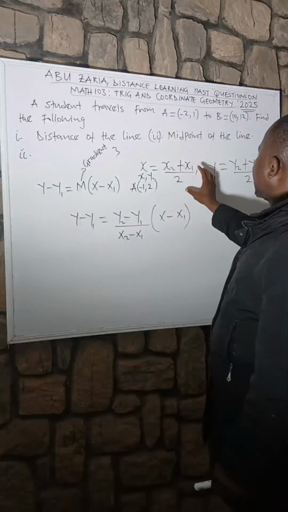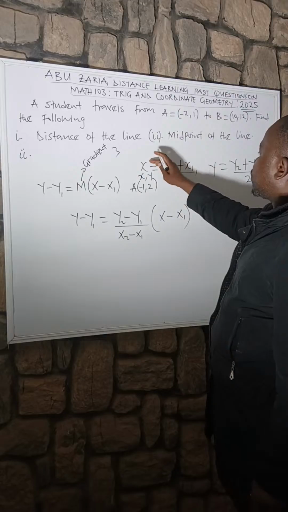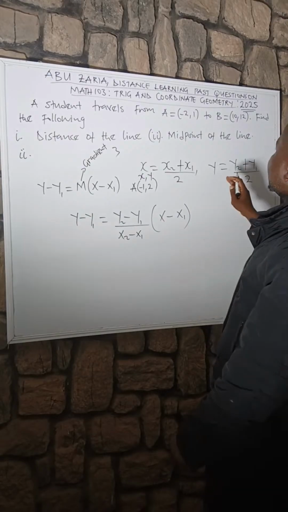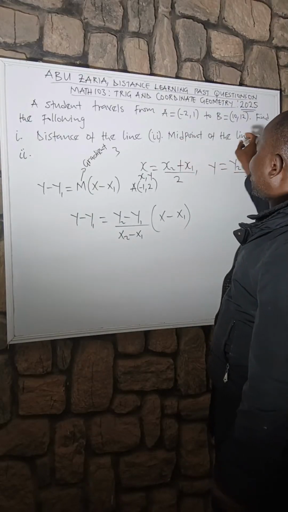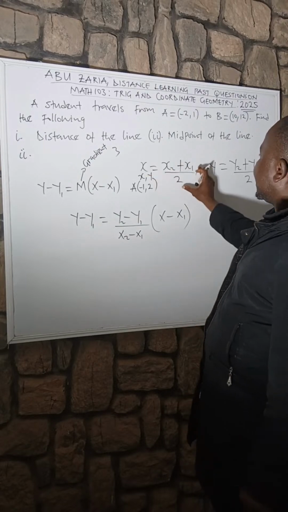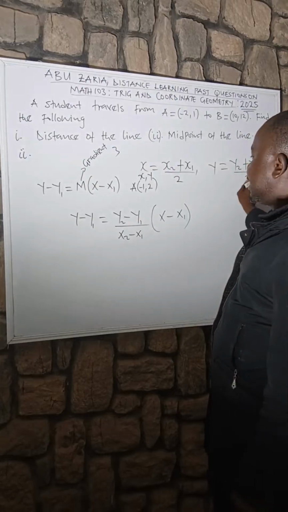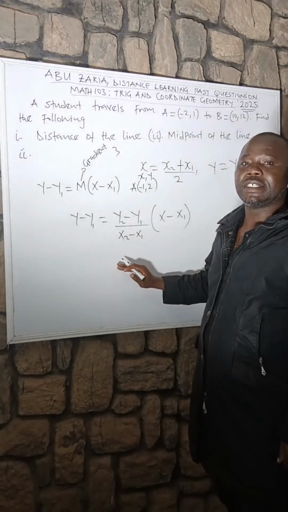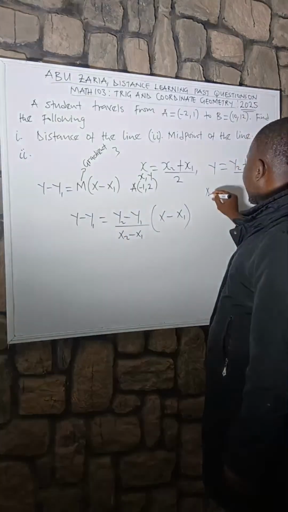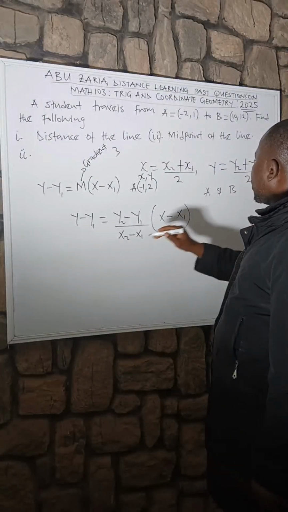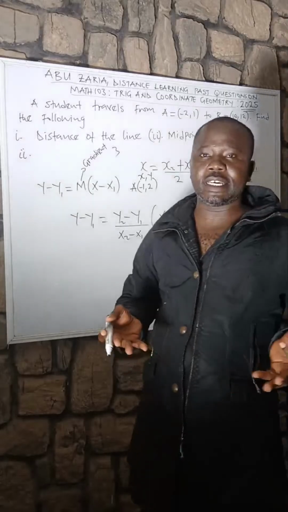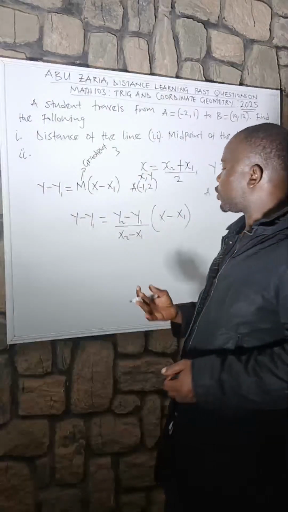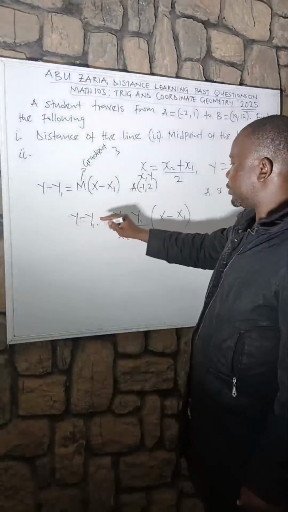The reason we could not use these ones, x and y, is that they are talking about the coordinates. Supposing they said find the midpoint of the coordinates of the line, that is where we can make use of this and this. But here, we have been given the 2 points, A and B, which include the whole coordinates x1, y1, x2, y2. So this is the formula that we are going to use.